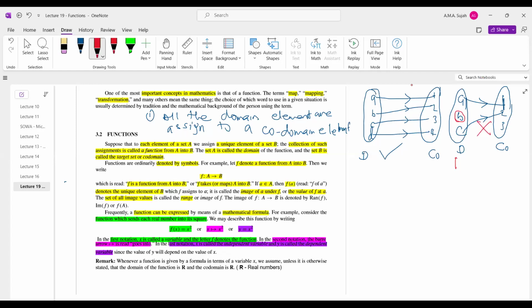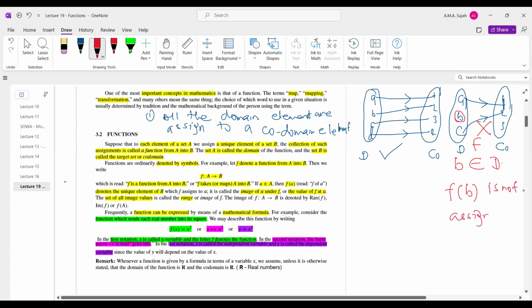So B is an element of the domain. Suppose f of x is a function. Then f of b is not assigned to any element in the codomain, right? So if it is a function, all the domain elements must be assigned with the codomain.